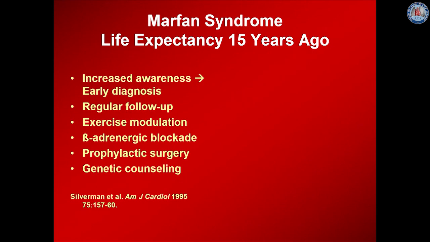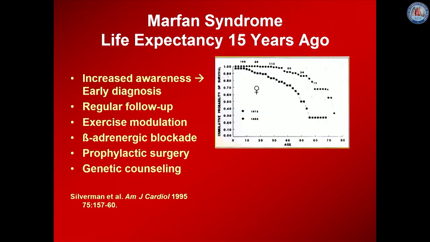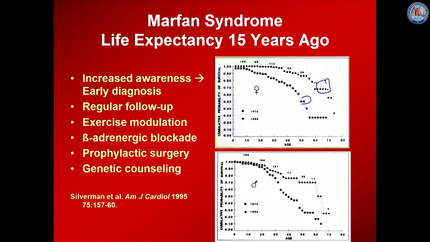So with the increased awareness, regular follow-up, various medical management, including reduction in exercise, beta-adrenergic blockade, and prophylactic surgery, the life expectancy has improved from what it was in the 1970s to what it was in the mid-1990s for both women and men.